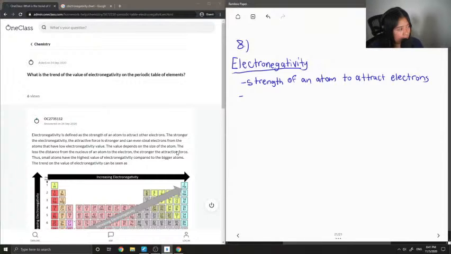So the trend for electronegativity values increases from left to right, and then bottom to the top.